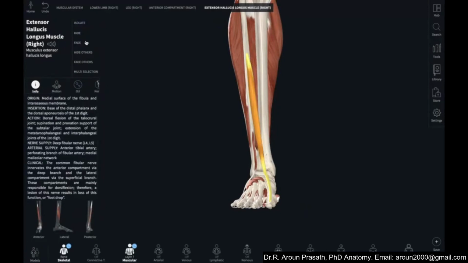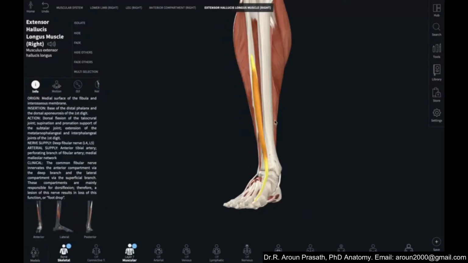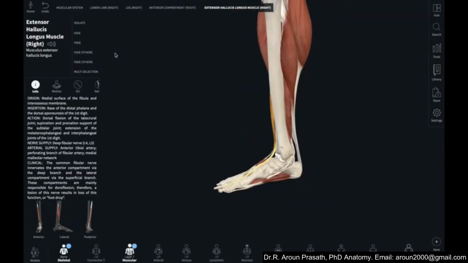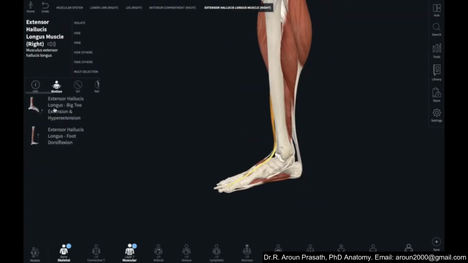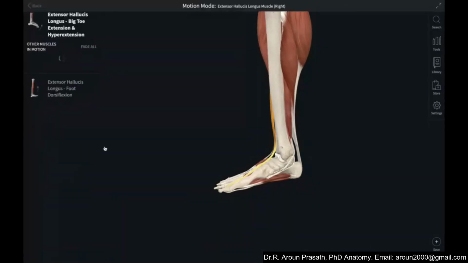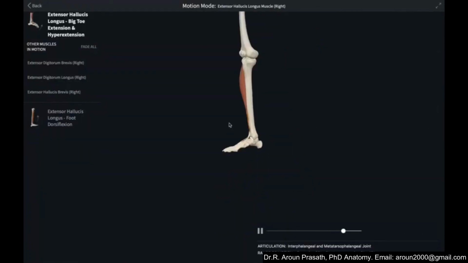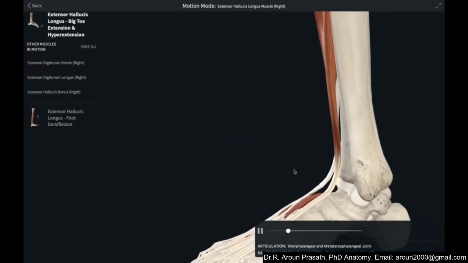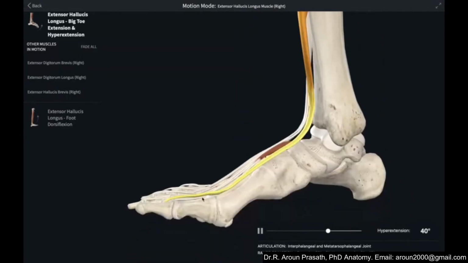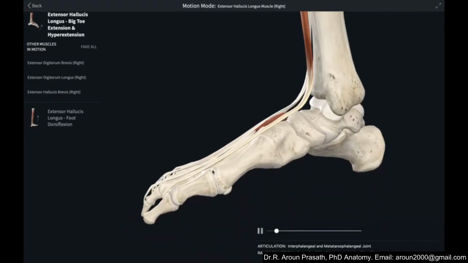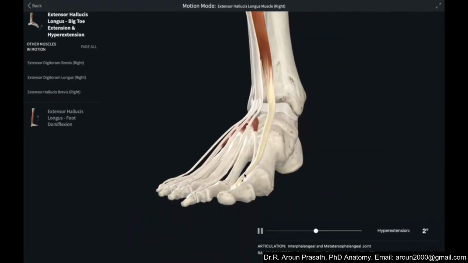Hallux means great toe. Note this down. Here it is extending only the great toe.